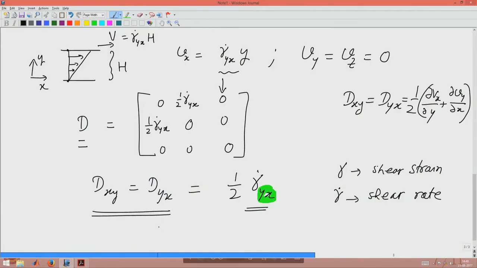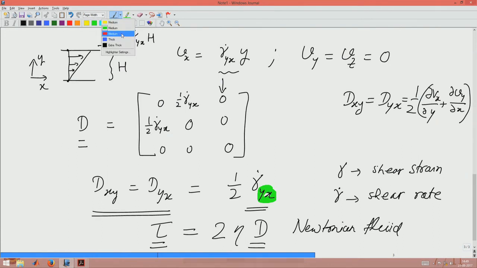So, in fact, this is the expression for a Newtonian fluid. Okay. So, if some component of d is 0, automatically that component of stress is 0.